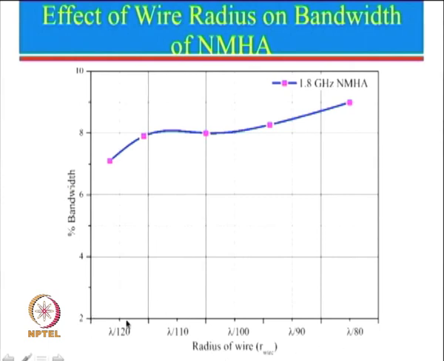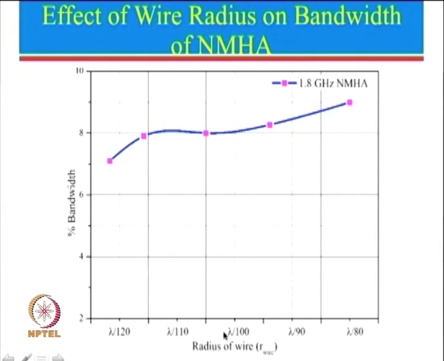If the radius of the wire is lambda by 120, the bandwidth realized can be about 7% or so, and this bandwidth increases if we increase the radius of the wire. Depending upon the requirement, one can choose appropriately the radius of the wire.